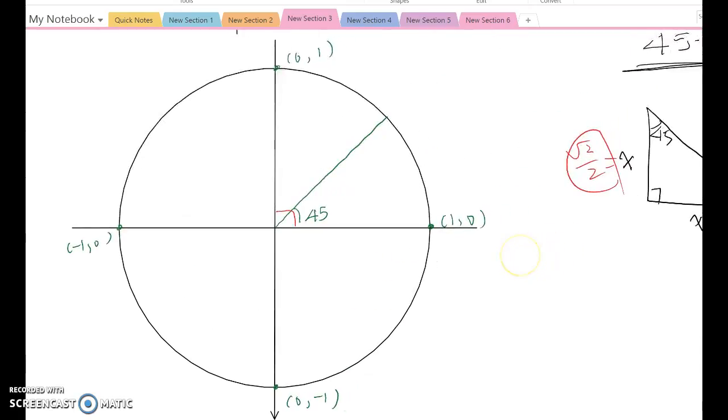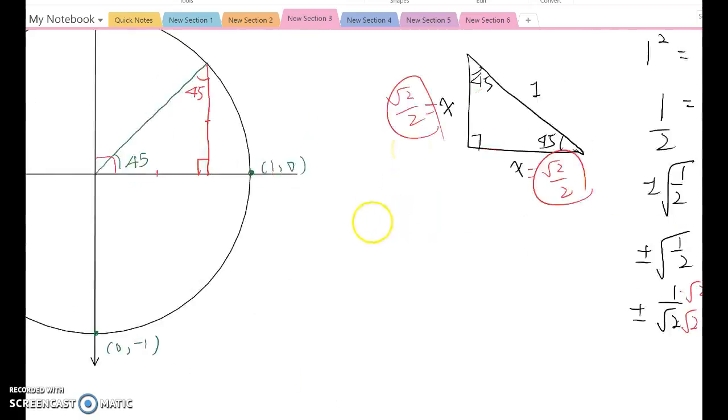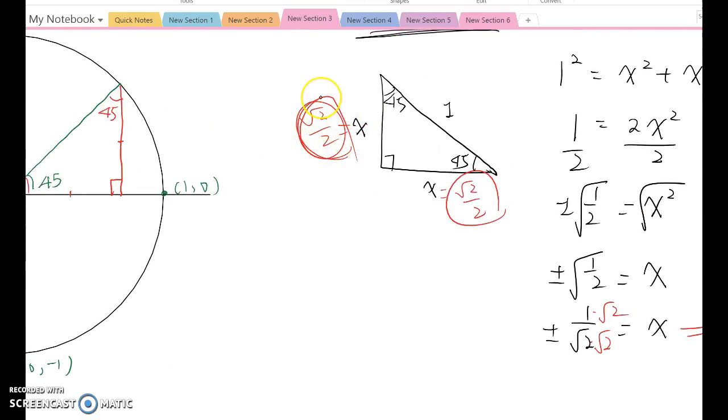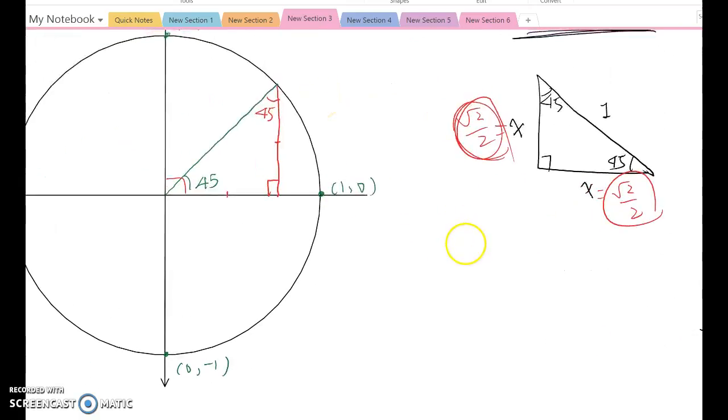So from here, just draw a vertical line from this point, then you know this is 90, which means it must be 45 degrees again. So this length must be isosceles. So through here, we can say this is root 2 over 2 basically. So the x-axis is also root 2 over 2, the y-axis is also root 2 over 2.